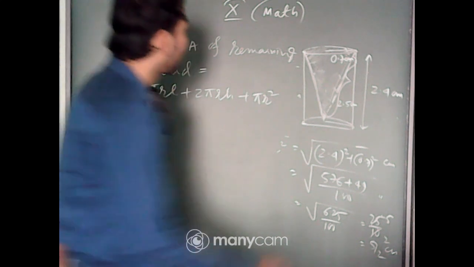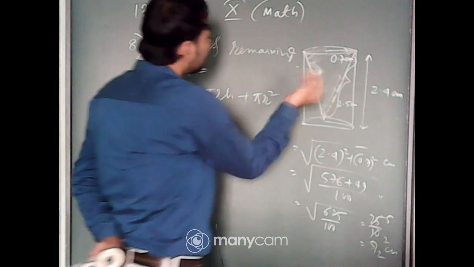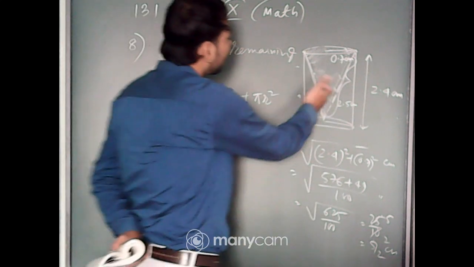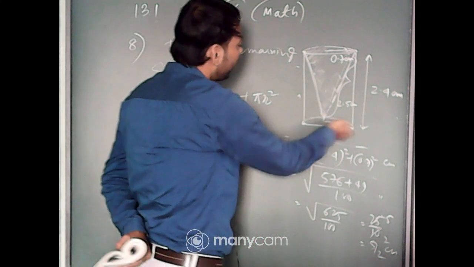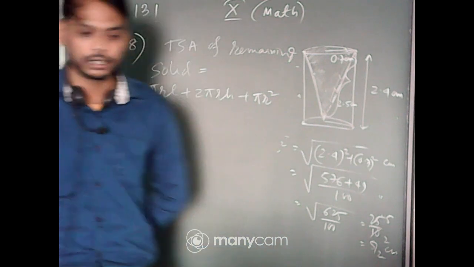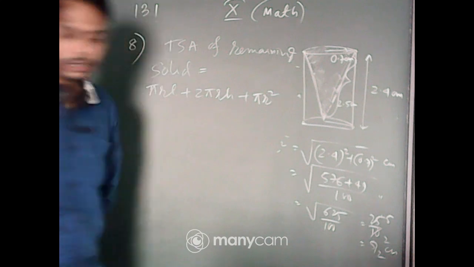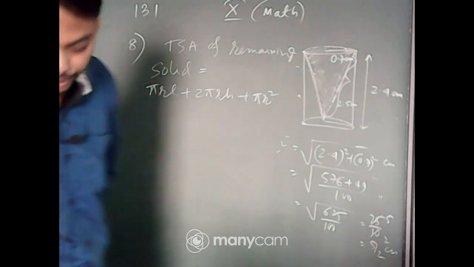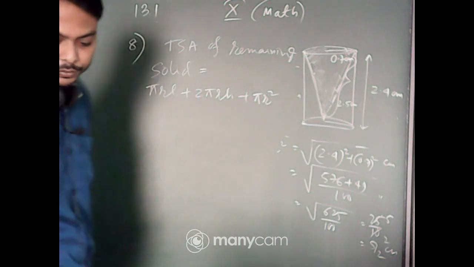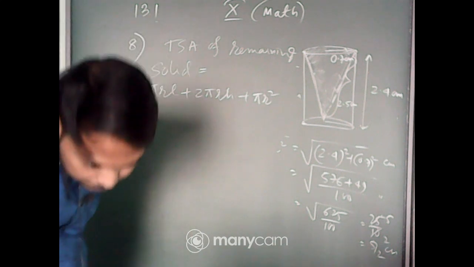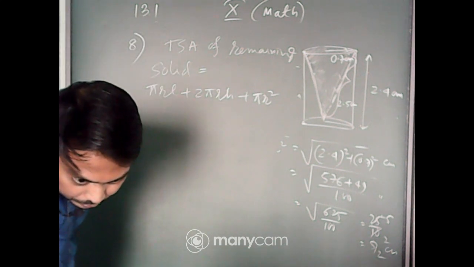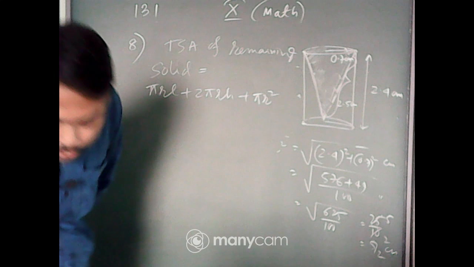This is very important. The CSA of the cylinder, the CSA of the cone, and the lower surface, that means the circle. The circle will also be added. That means pi R square. Okay? Got it? Yes, do the correction.